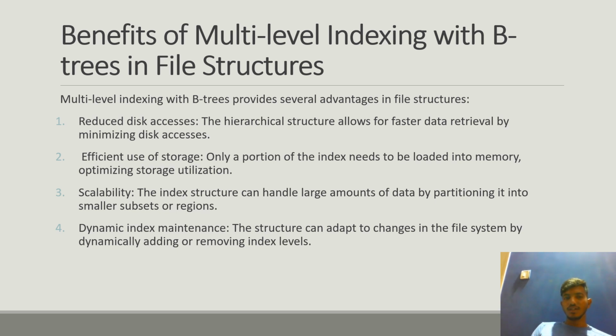The hierarchical structure allows faster data retrieval by minimizing disk access. Effective use of storage: only a portion of the index needs to be loaded into memory, optimizing storage utilization. So this is how it reduces the disk access.